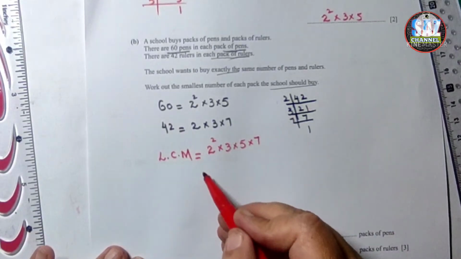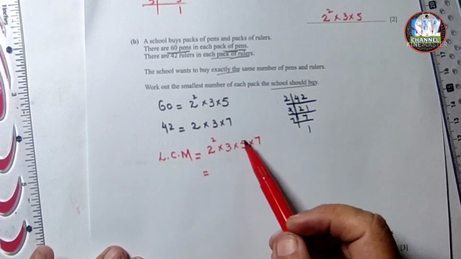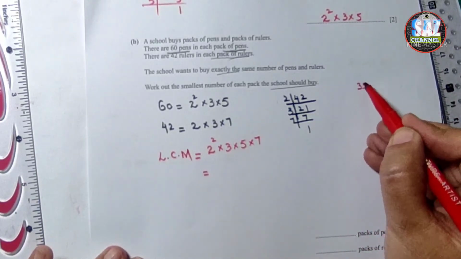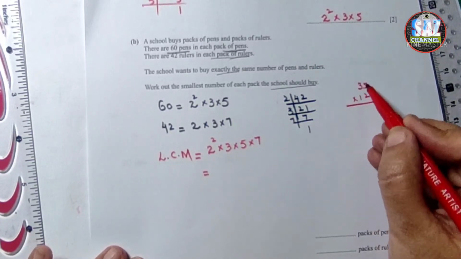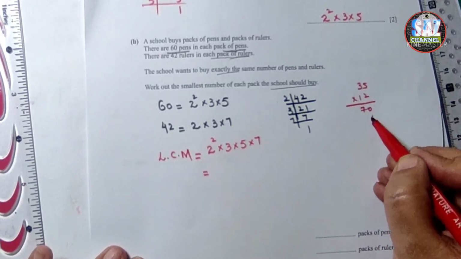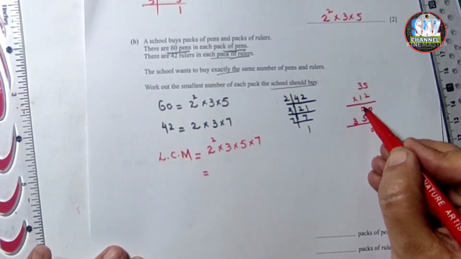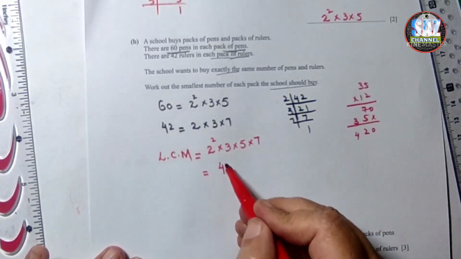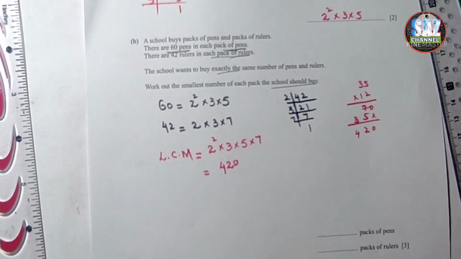Now let's check what number comes. 7 times 5 is 35. 35 multiplied by 12 is 420. 420 is the LCM.